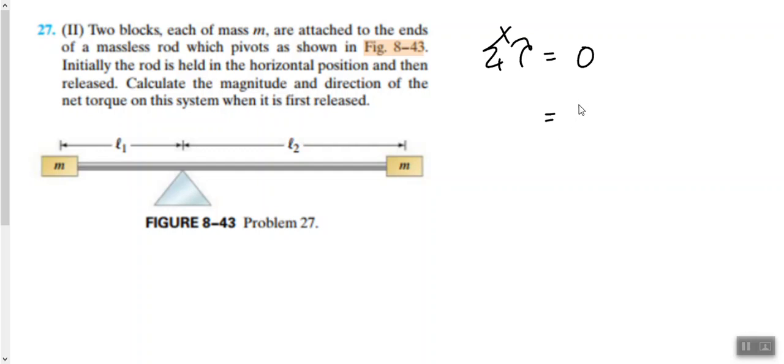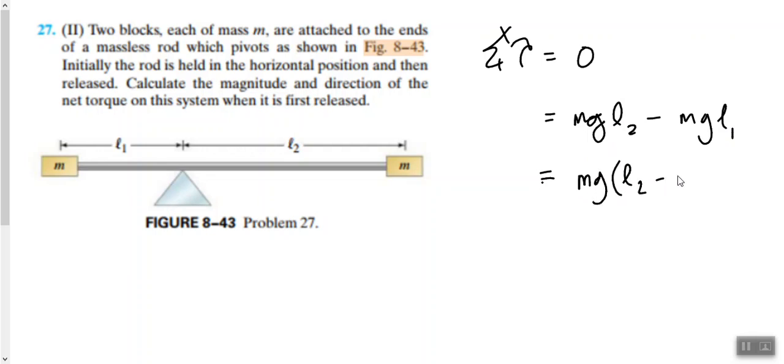So we have mass times g times length 2, minus mass times g times length 1. We can simplify this as mg times length 2 minus length 1.